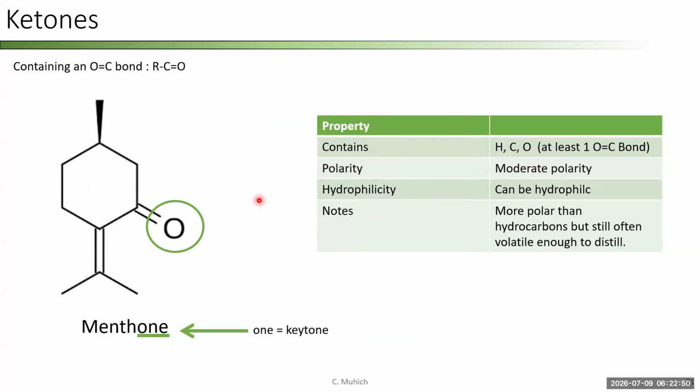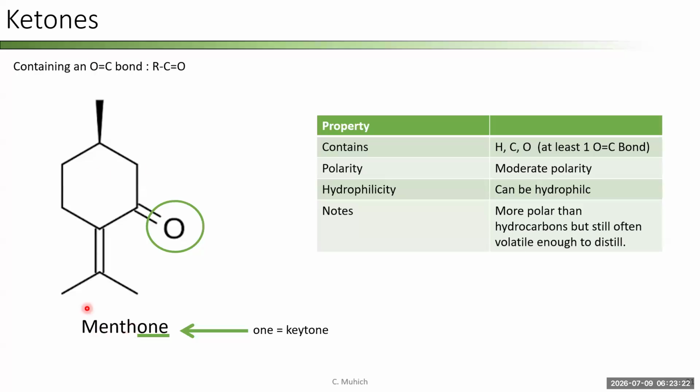The second category is a ketone. This is going to look similar to an alcohol in that there's an oxygen, but this time the oxygen forms a double bond with a carbon, and that oxygen is not bound to a hydrogen. So we have an R connected to a C double bonded to an oxygen, right?